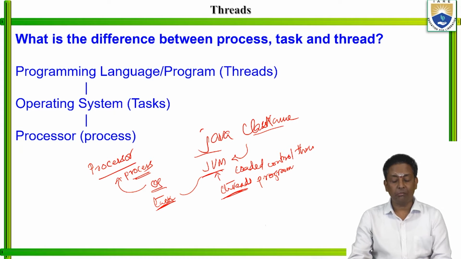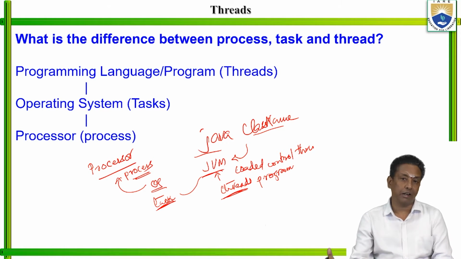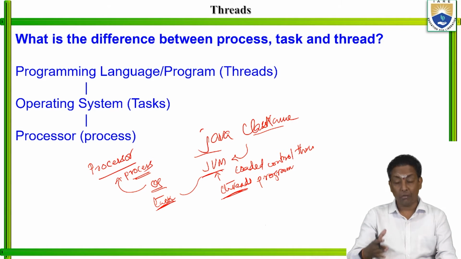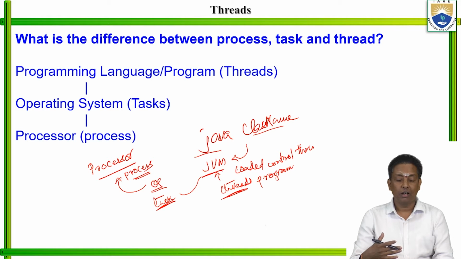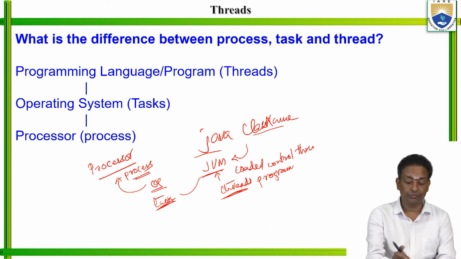Though our topic actually belongs to threads and multi-threading, I want to give a two-minute brief introduction, from my point of view, about what is a process, what is a task, and what is a thread. These three.